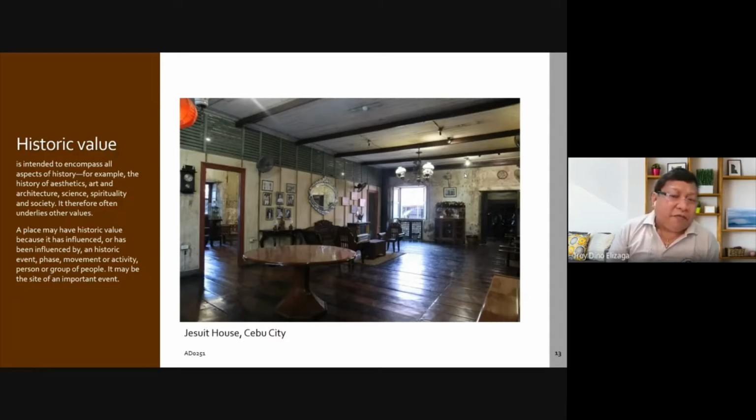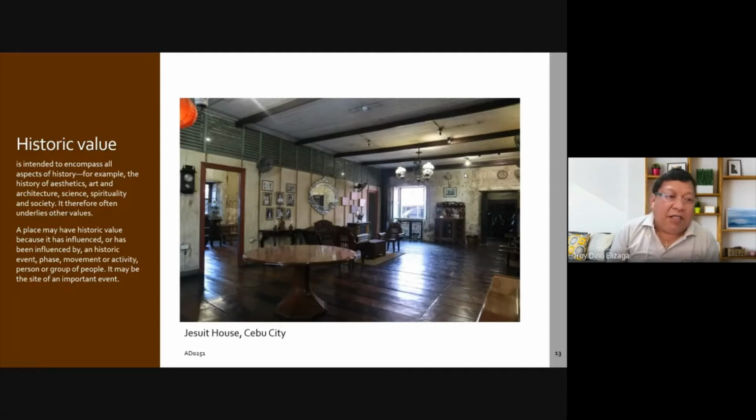So we're not limited to architecture and arts. It says here that even in science and spirituality, when a religion started, for example, is of cultural significance, or when something was invented, is of cultural significance.